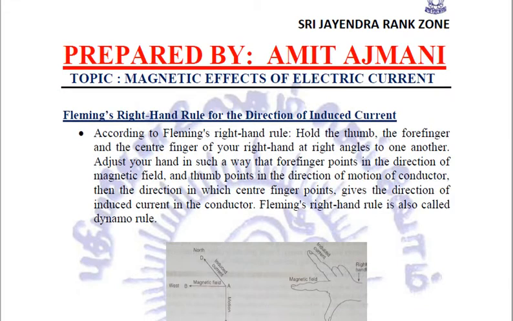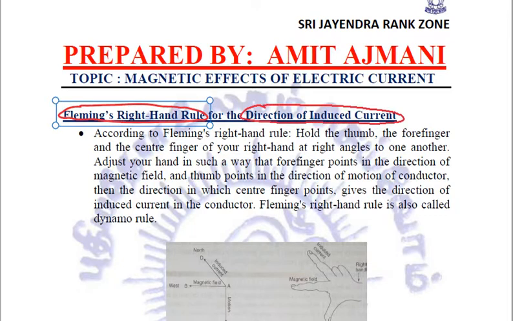Now let us talk about Fleming's right hand rule, which is used to find out the direction of induced current. This rule states that you hold the thumb, the forefinger, and the center finger of your right hand at right angles to one another.